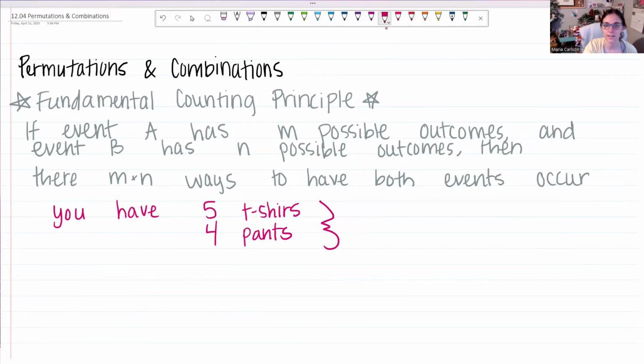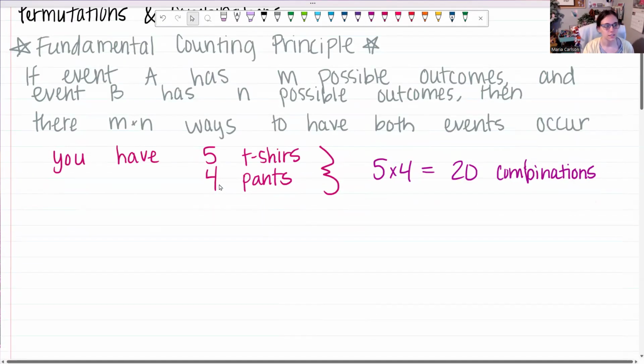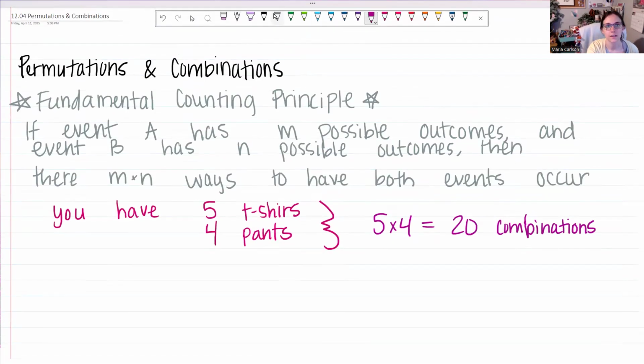So that means there are 5 times 4, or 20 total combinations of shirts and pants. All right. Now, this is kind of what leads us into permutations and combinations.